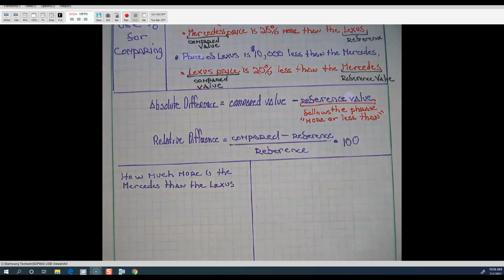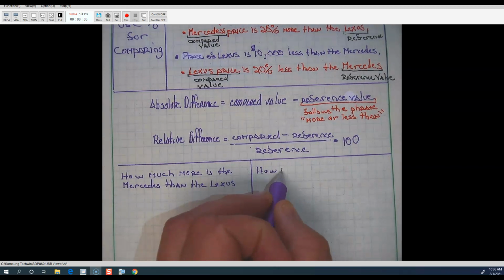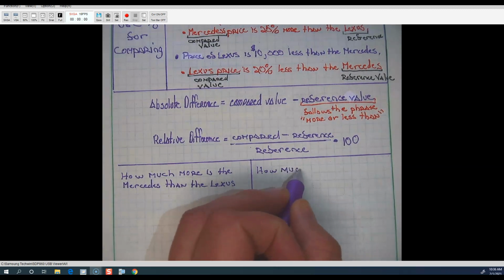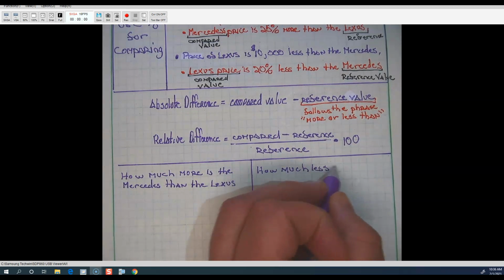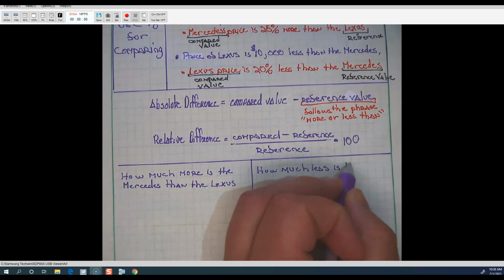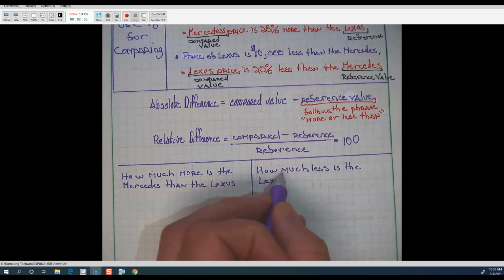And then over here, just switch Mercedes and Lexus. Okay, how much more or how much less is the Lexus than the Mercedes?